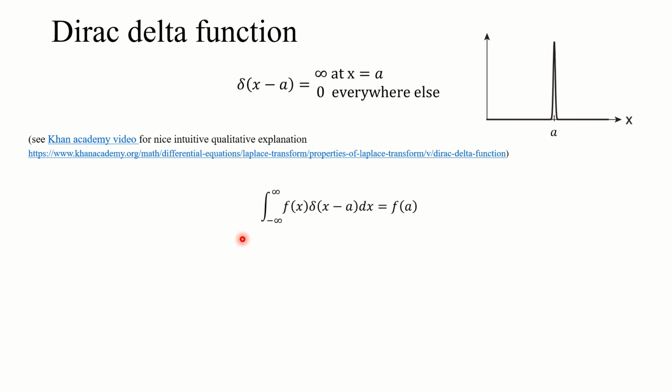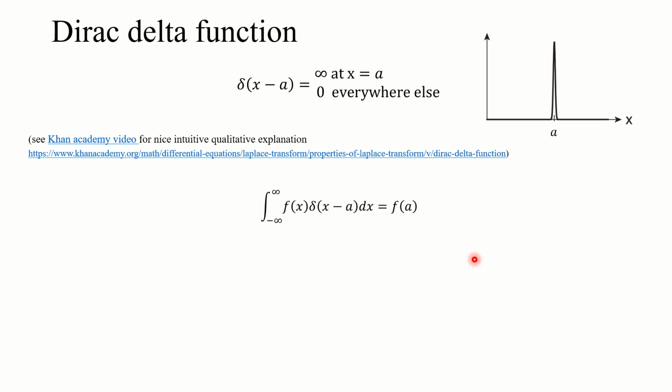So that means if you have that delta function inside some integral, and there's another function of x there, as long as a is inside the integration limits, the result of that integral is just that function evaluated at the argument that makes the delta function's argument 0.